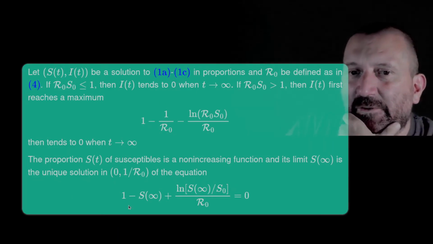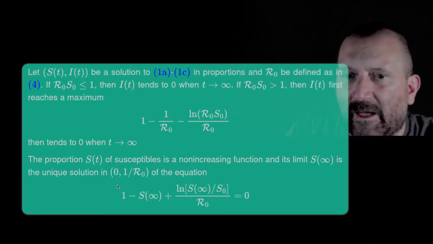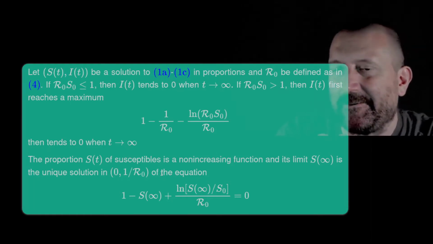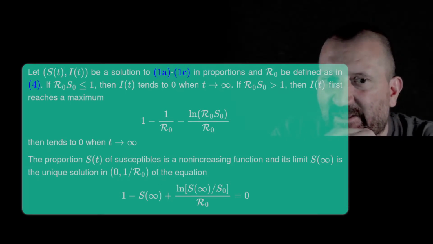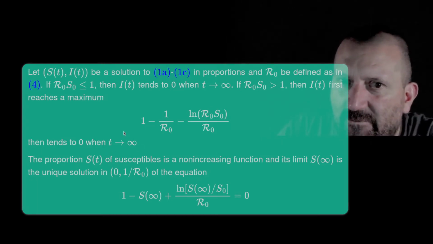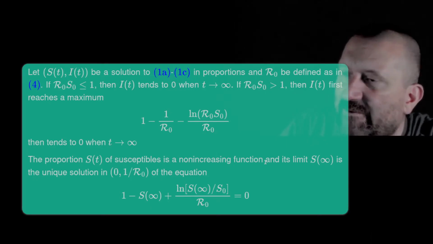Okay. There's another interesting property that we get from this result, and it's in terms of the final size. So let me detail this for a second. You can see that the result also states that the proportion of susceptibles is a non-increasing function, of course.